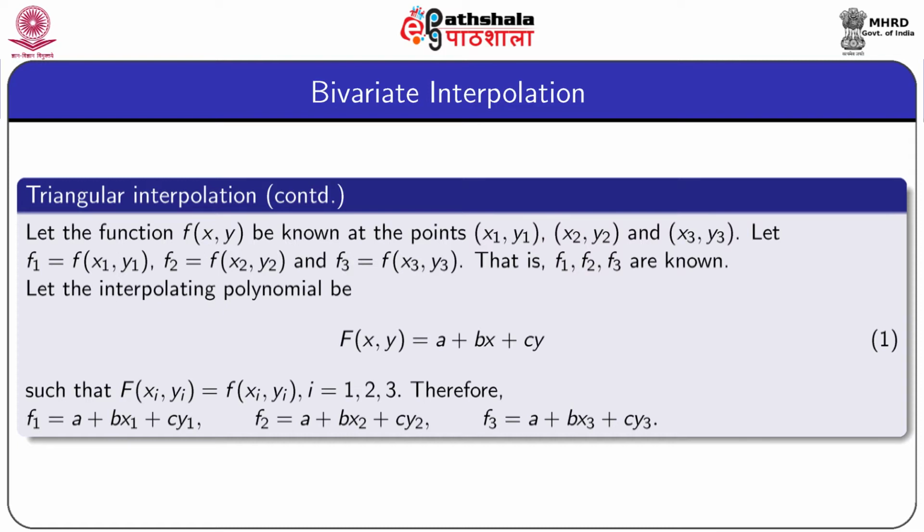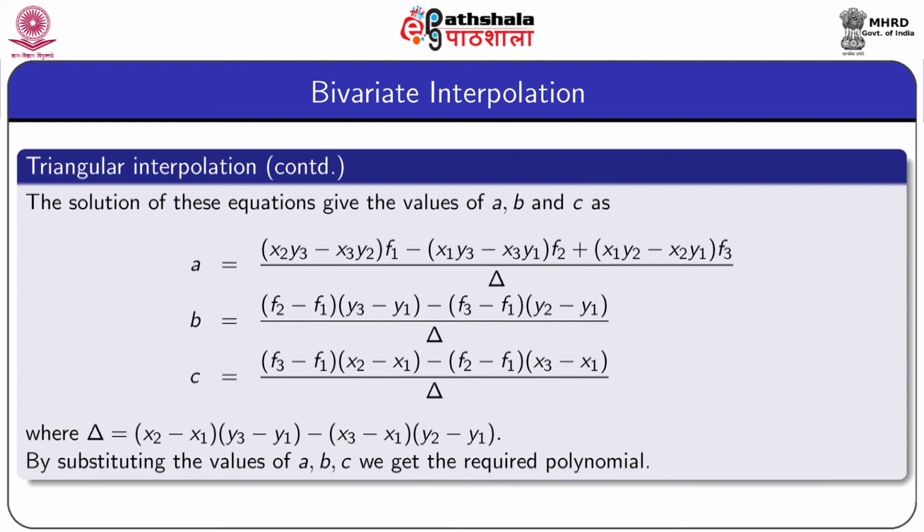So, using these 3 corner points, we obtain f1 equal to a plus b x1 plus c y1, f2 equal to a plus b x2 plus c y2, f3 equal to a plus b x3 plus c y3. Our problem is to find the values of a, b, c from these 3 equations.